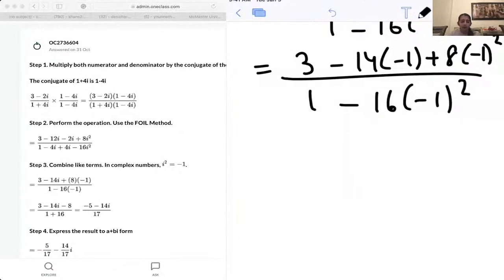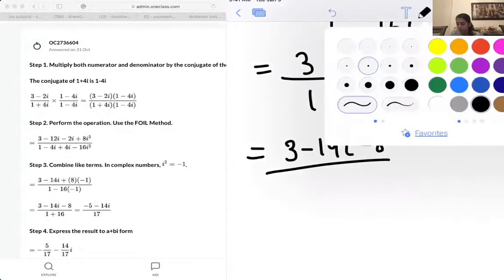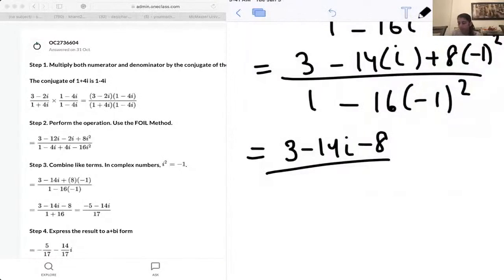So here, and then we are left with 3 minus 14i minus 8 over 1 plus 16, because negative 16 times negative 1 would be positive 16.